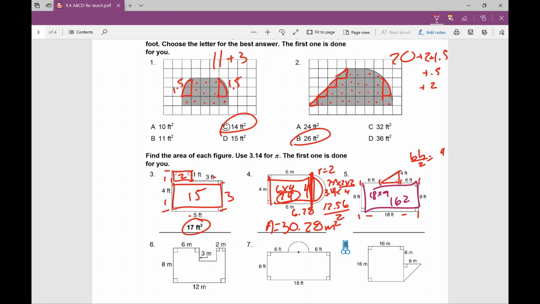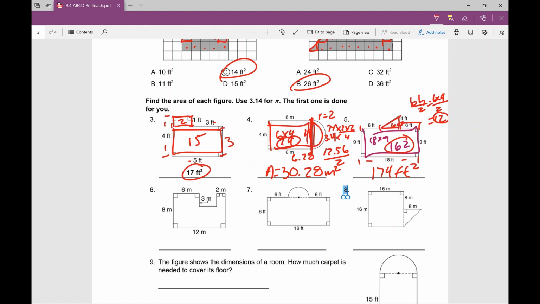So subtract 18 minus 12 and you get 6. So this distance is also 6. So it's 6 times 4, which is 24, divided by 2 gives me 12. So the area for this one is 12. All I have to do is add them up. 162 plus 12 gives me a total of 174 feet squared.